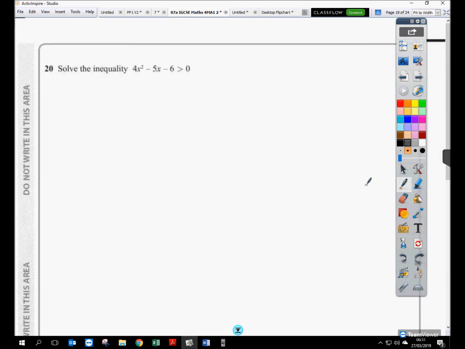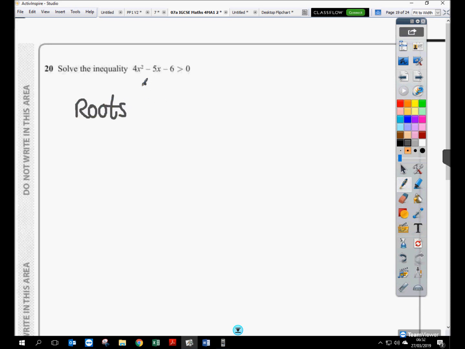Next, solve the inequality. What we do here is we factorize this, or we can use the quadratic formula to work out the roots of the inequality. Whichever method you prefer, either factorization or using the formula, we need to work out the roots.